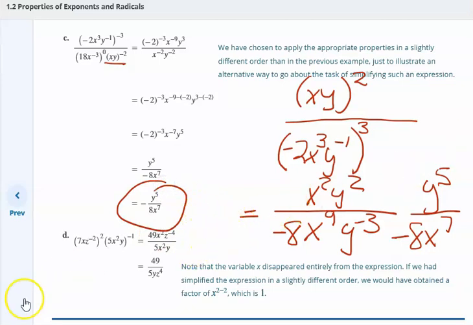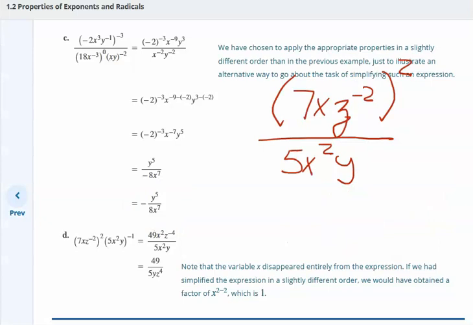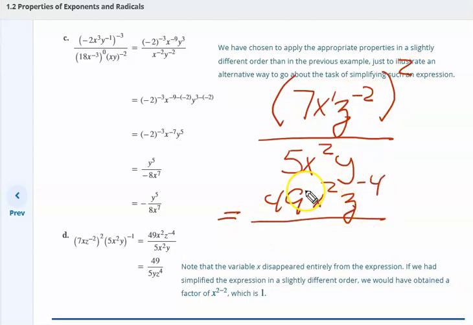All right, let's do that last one. So I started this here. I took this and wrote it on top, but since this is a negative exponent, I just brought it down to our denominator. So now we're going to square this 7, gives me 49. Remember, there's a 1 there. So this will be x to the second, z to the negative 4, all over 5x squared y.